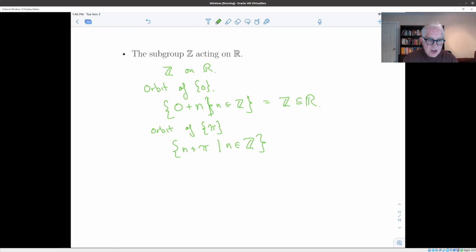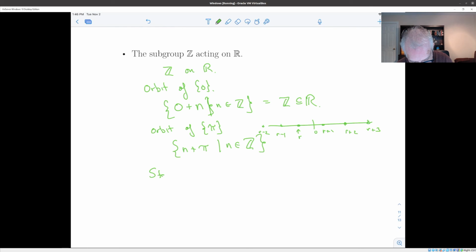So the orbits are, if here's the real line, and you pick a point, this is 0, let's say, you pick a number r, and you think about all the shifts, r plus 1, r plus 2, r plus 3, r minus 1, r minus 2. That's the orbit. These points are the orbit of r. What about the stabilizer of r?